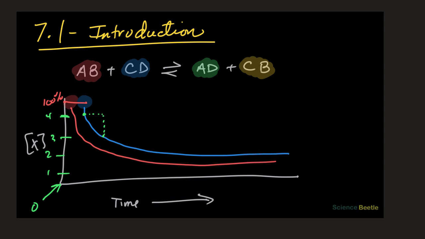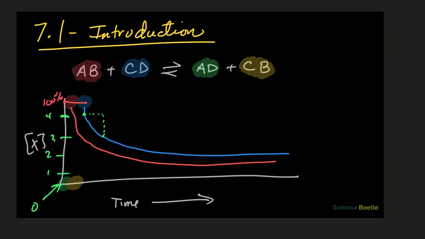On the other side of things, we've got AD and CB. At the beginning of the reaction, there are no products. So let's mark it there with yellow, here and here.